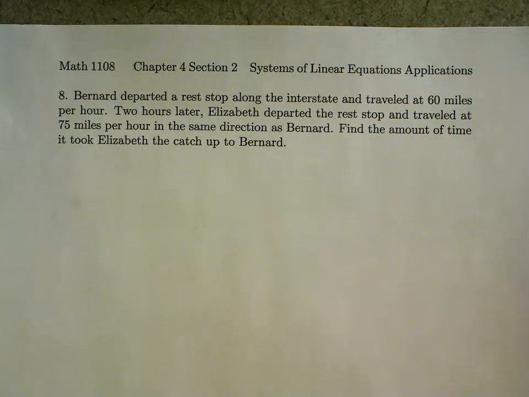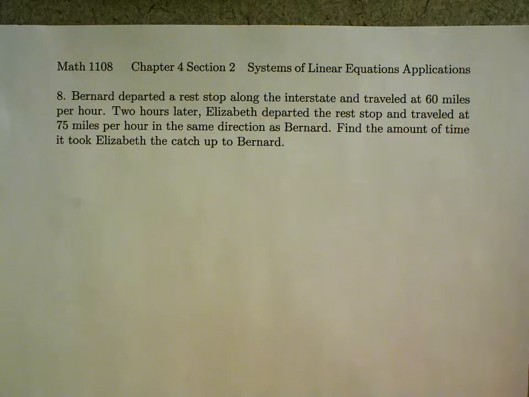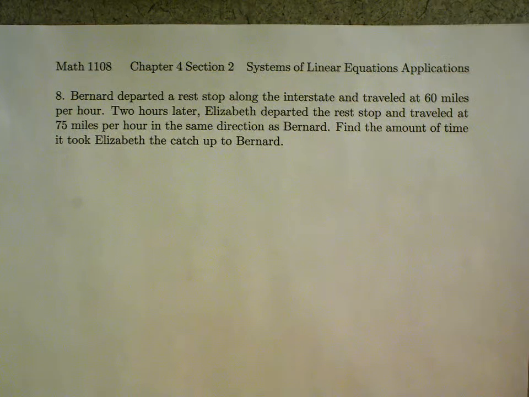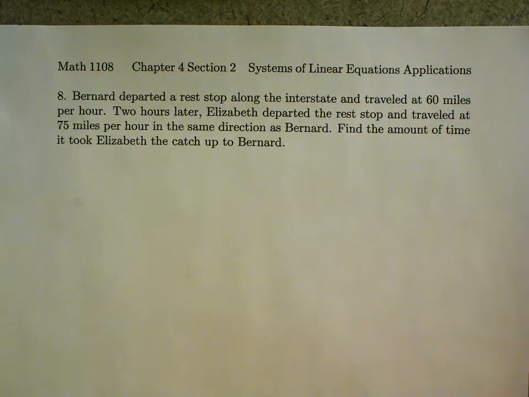This problem is similar to the one that we did earlier with the bicycler and the four-wheel driver. Same kind of thing. So find the amount of time it took Elizabeth to catch up to Bernard.